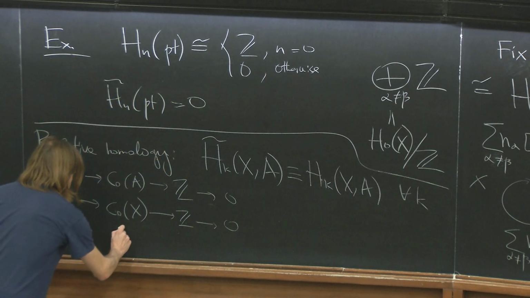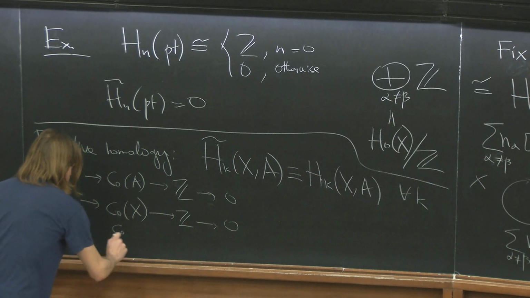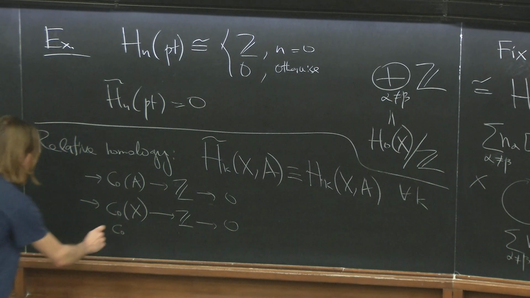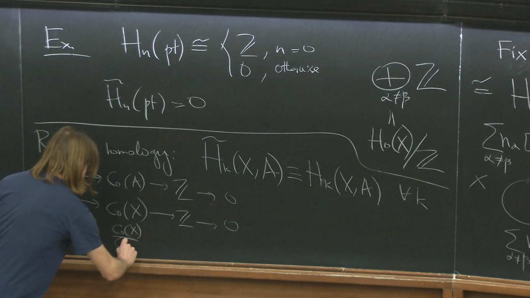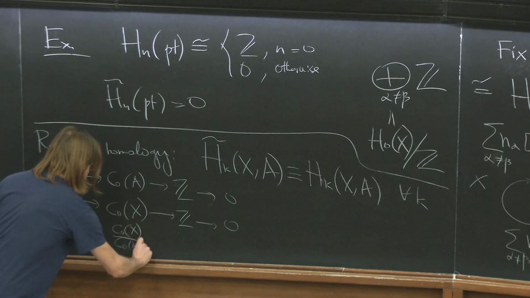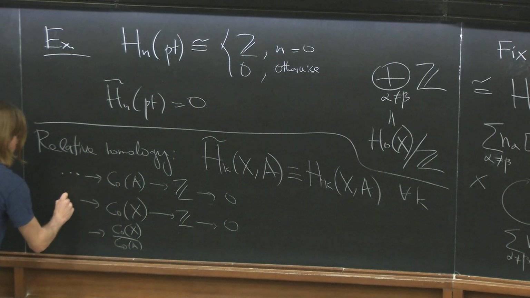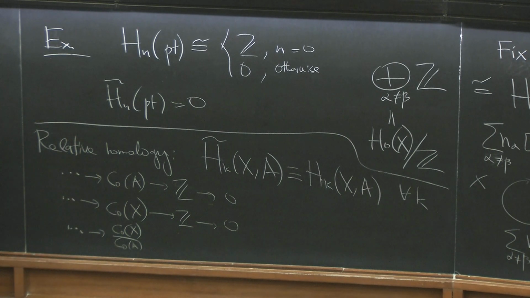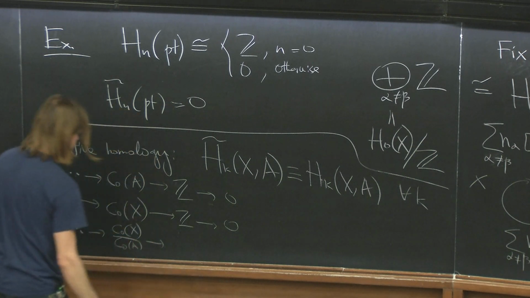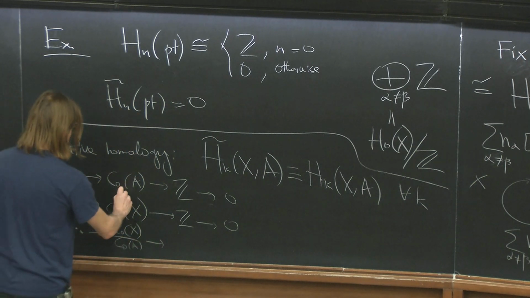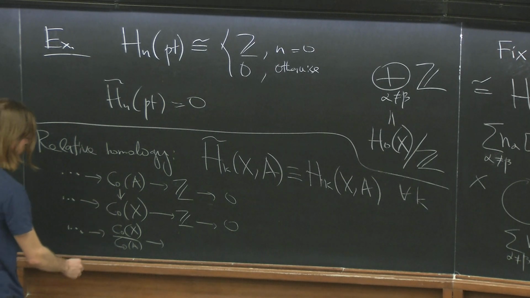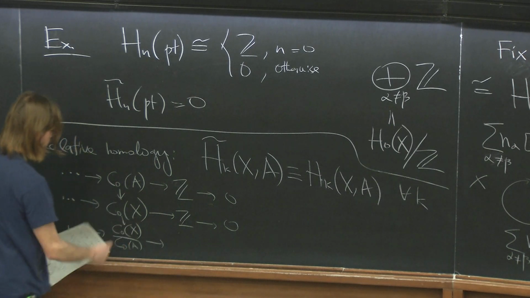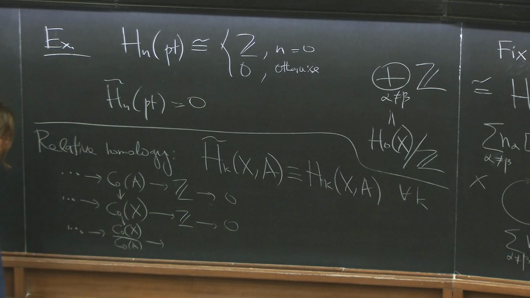And then we have the chain complex of relative chains, C0 of X divided by C0 of A at this part. So we don't modify anything before this. And all these columns we want to fit into short exact sequences. So this map is just inclusion, and this map is quotient.